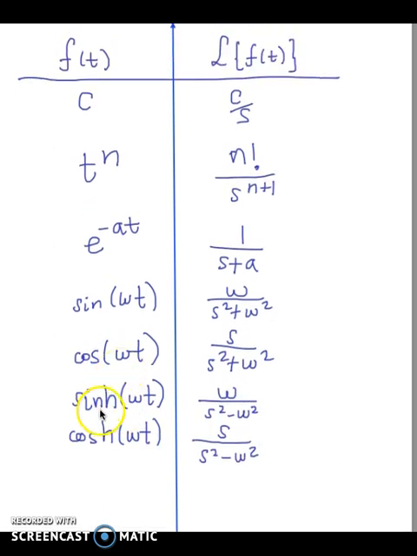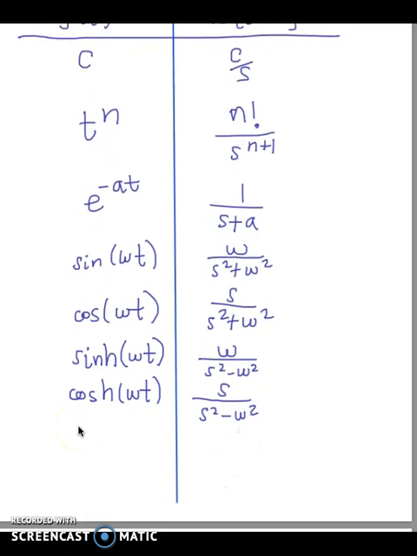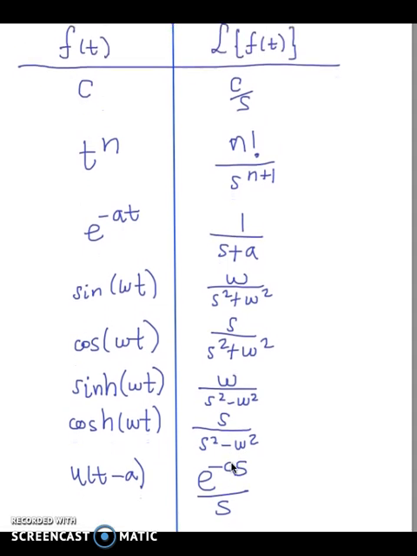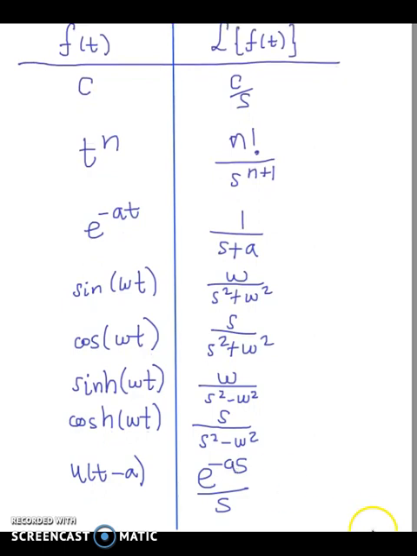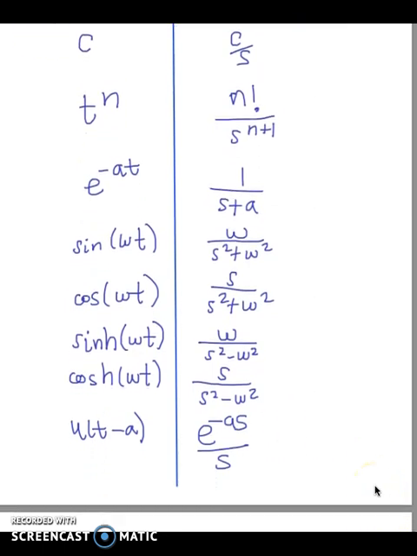Then we can include also hyperbolic sine and hyperbolic cosine, and the Laplace transforms are listed for these functions here. And in this table, in this summary of calculations of Laplace transforms, we can include the Heaviside function, which turns out to have Laplace transform e to the minus a s over s. Okay, so this will be convenient to have summarized for what comes next.